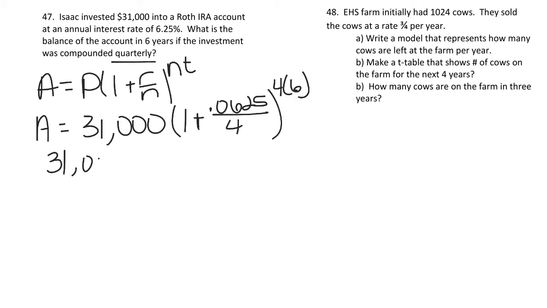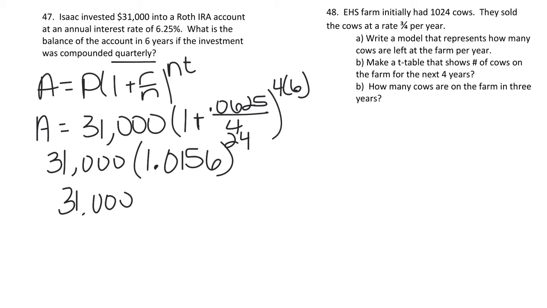So 31,000 times 1 plus, well, I don't really need to put the plus, 1.015625 to the 24th power, raised to the 24th. 31,000 times 1.451.